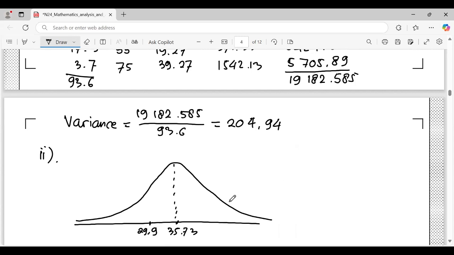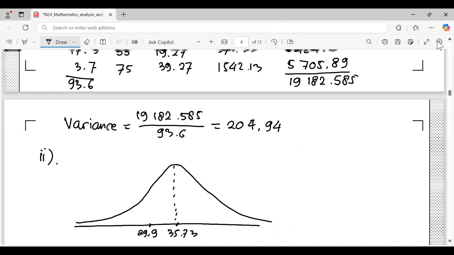And the small talk distribution will be higher because it has a smaller variance.